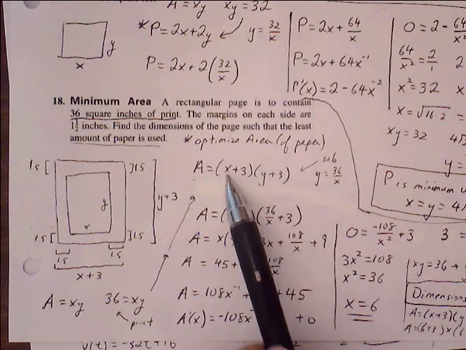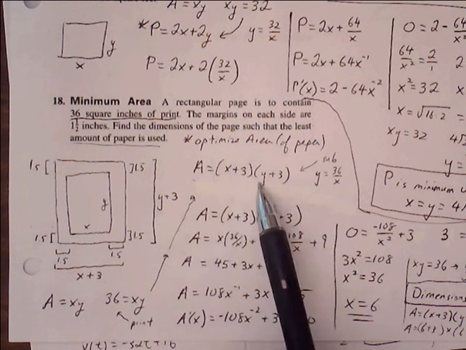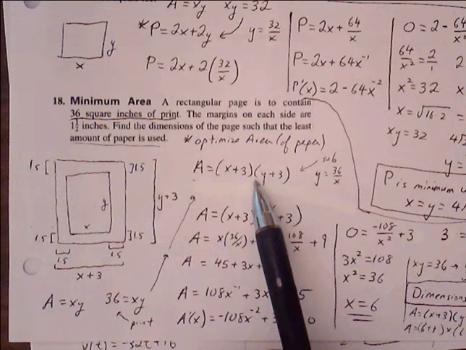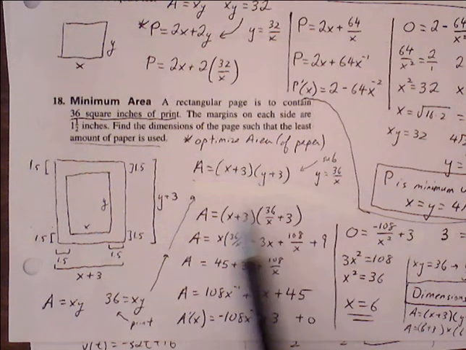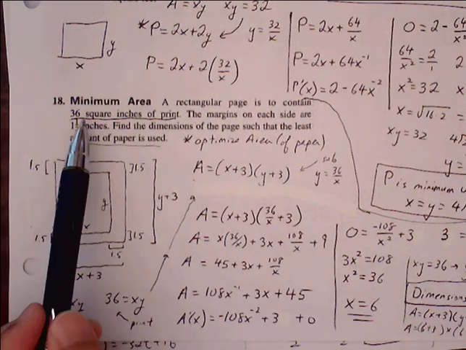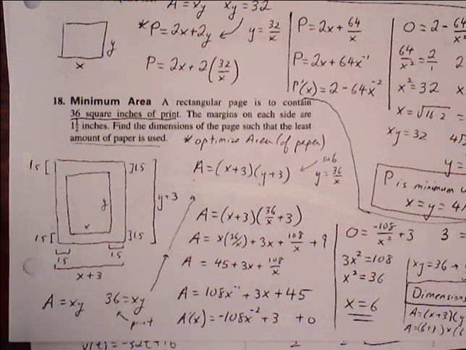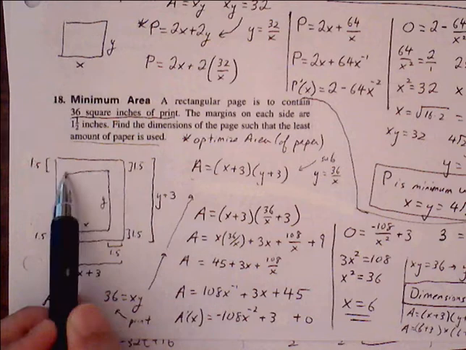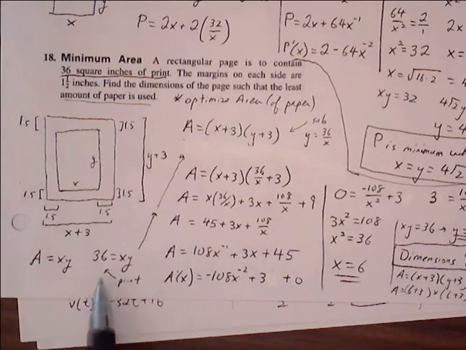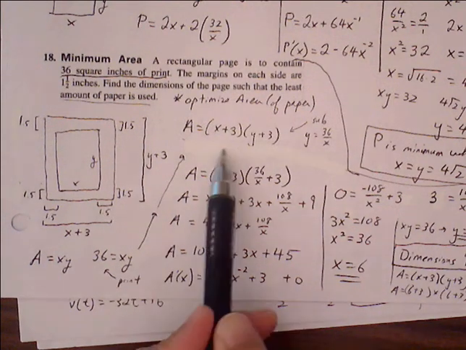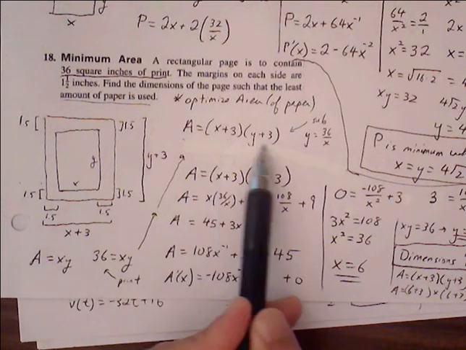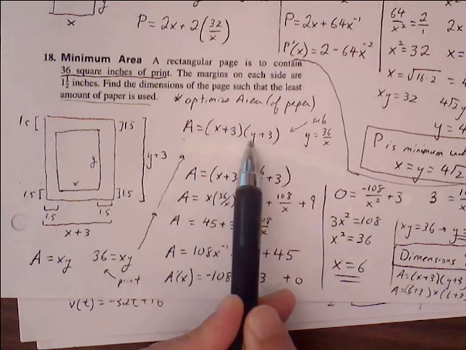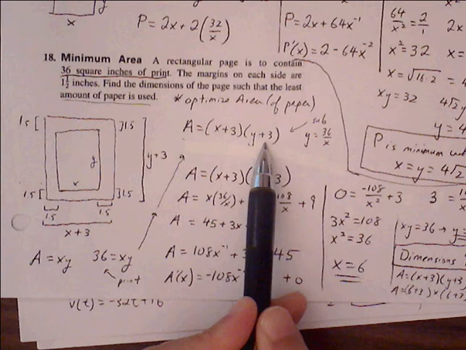And we want to optimize the area, so we want to find the derivative, but before we do that, we have to find a way to get this down to one variable. So let's see what information we have. We know that we have 36 square inches of print, so we know that x times y is equal to 36, and that information is helpful because we can solve for either x or y, and once we solve for the variable, then we can plug in and simplify our equation down to one variable.